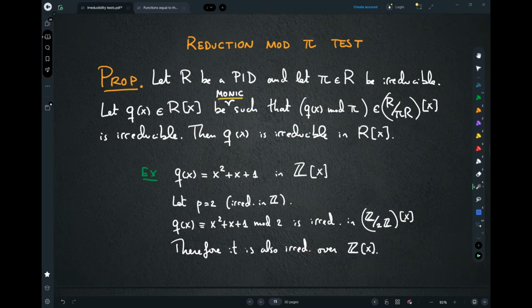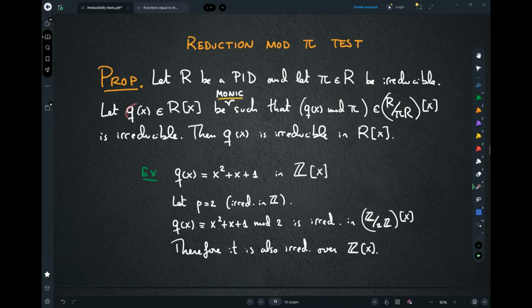So how are we going to check if a polynomial is irreducible? We have several methods. The first one we're going to talk about today is the reduction modulo pi test, which is the following. Suppose R is a PID, and suppose pi is an irreducible element. Suppose you have a monic polynomial q. We're going to work with this reduction modulo pi test for monic polynomials.